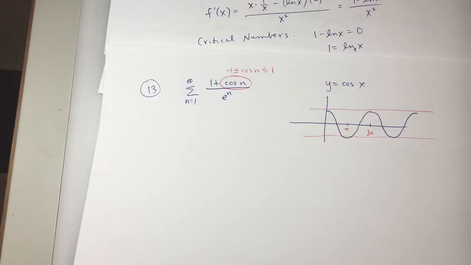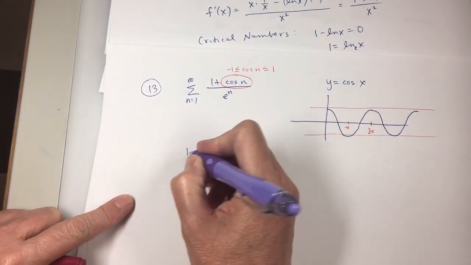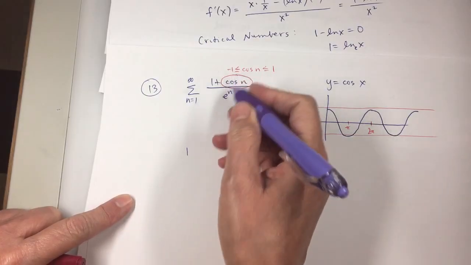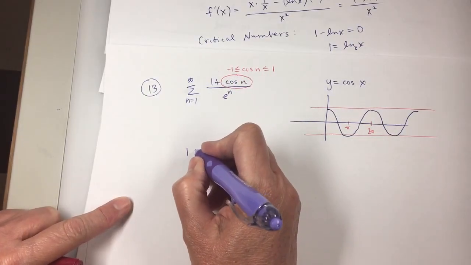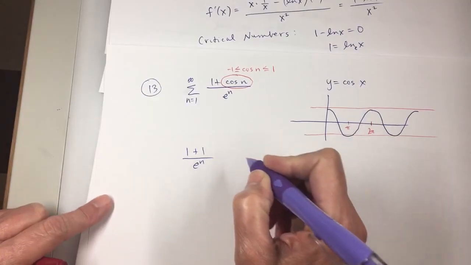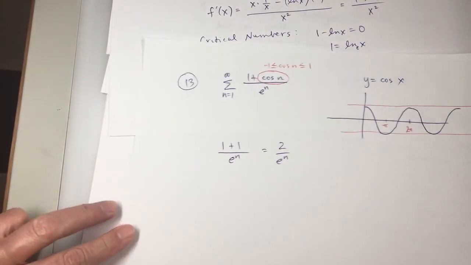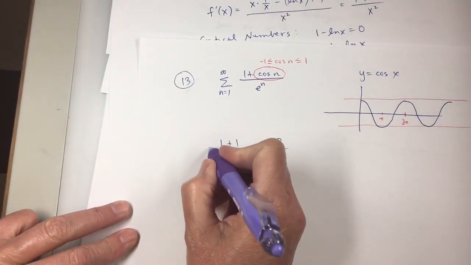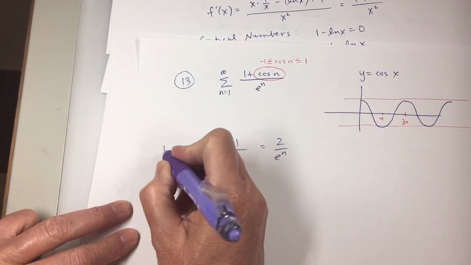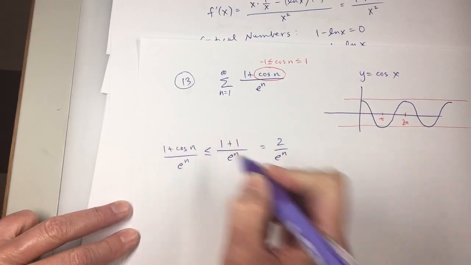So worst case scenario, I might look at this and say, the biggest this number could be would be 1 plus 1 over e to the n, which is 2 over e to the n. And let me write term for term.